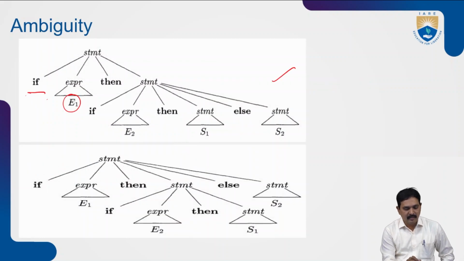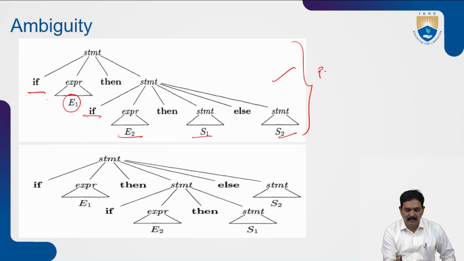So finally, after constructing these two different parse trees, I am getting two different parse trees. I am assuming this one as parse tree 1, and I am taking another one as parse tree 2.